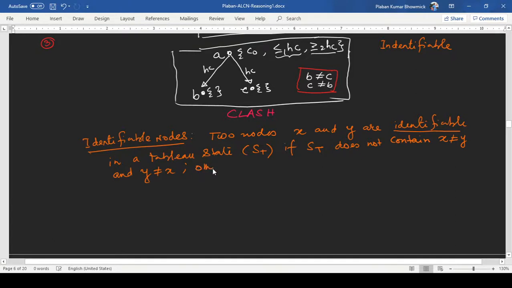Otherwise x and y are identifiable. Sorry, it will be non-identifiable, or distinct.